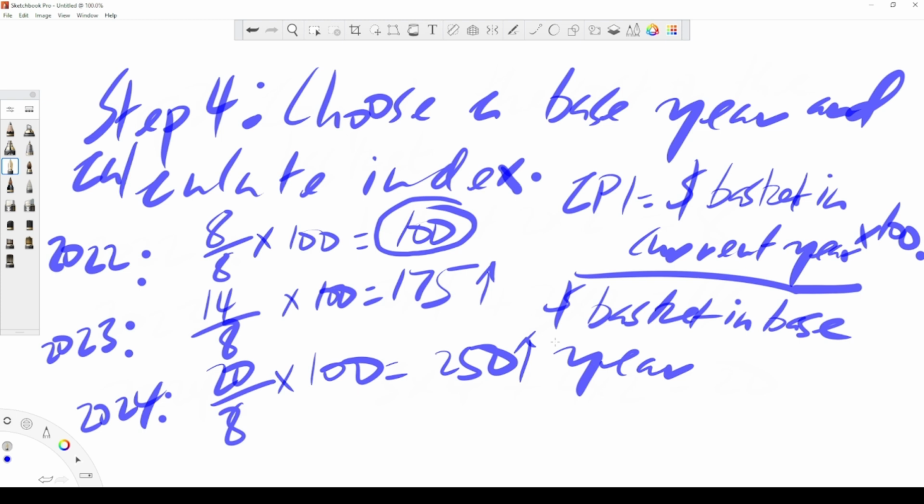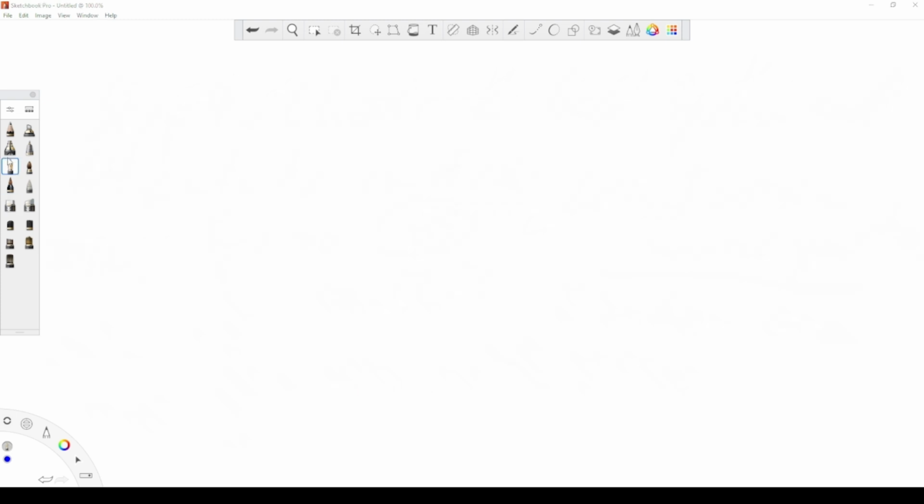However, if it falls with respect to the base year, you have a fall in prices. When we calculate the inflation rate, we'll see that this economy is experiencing inflation. So let's calculate the inflation rate here.